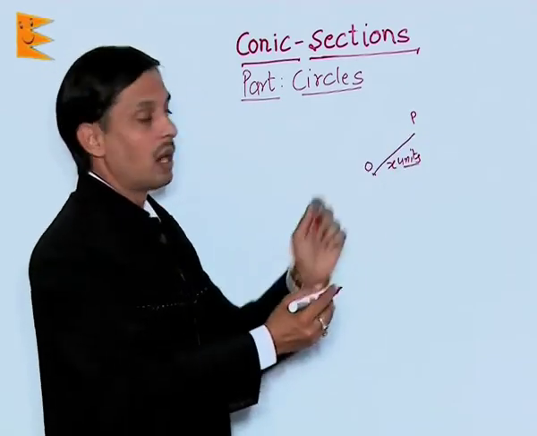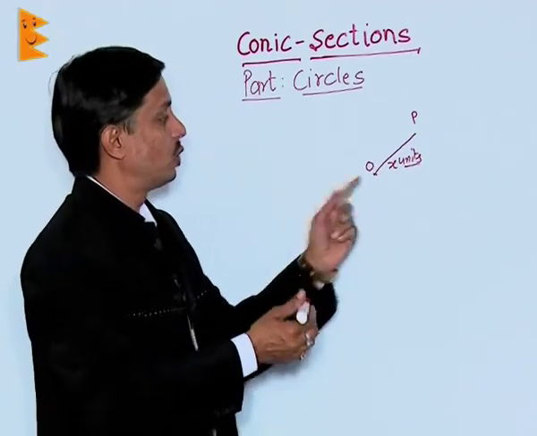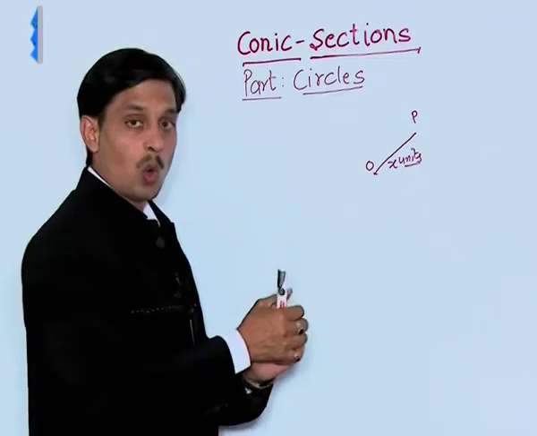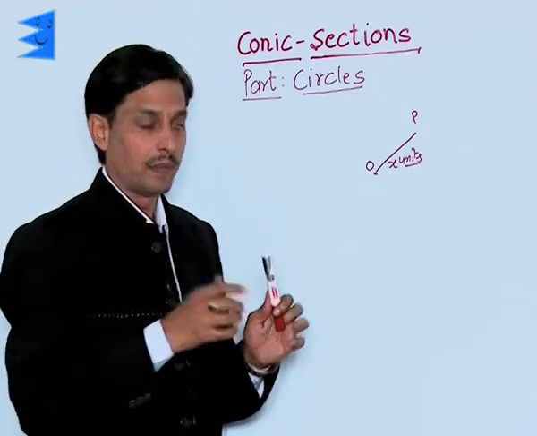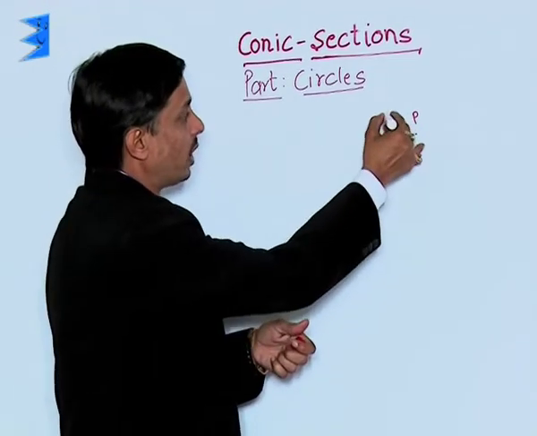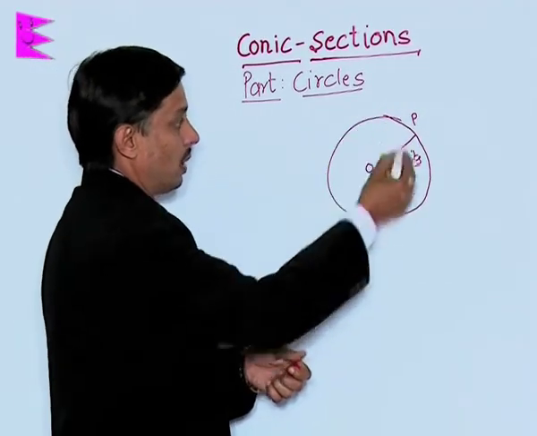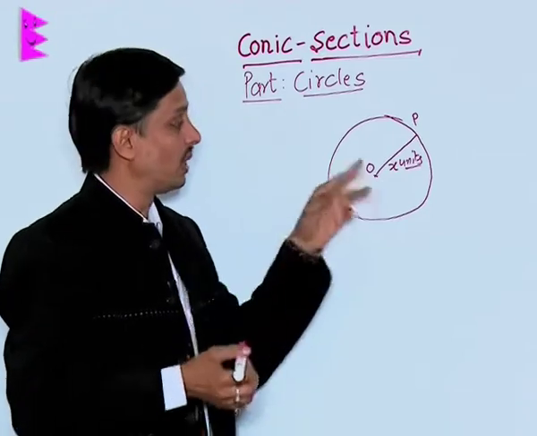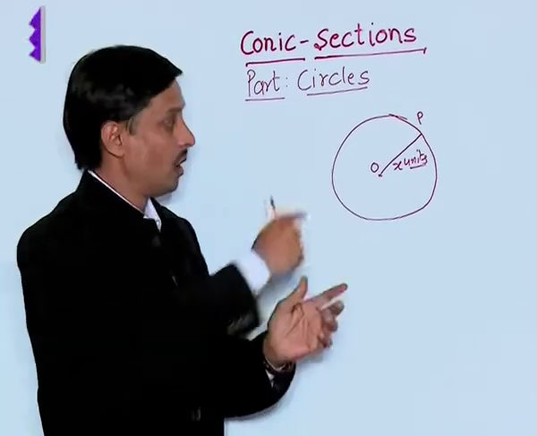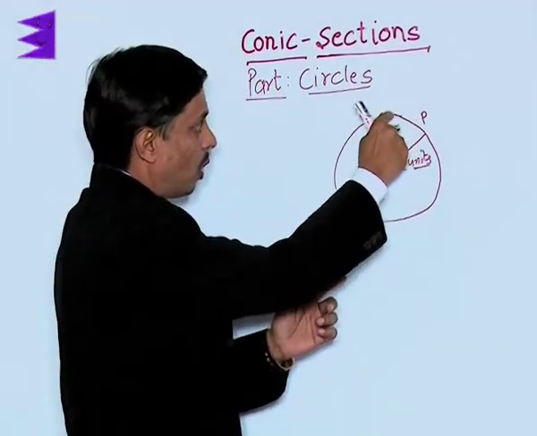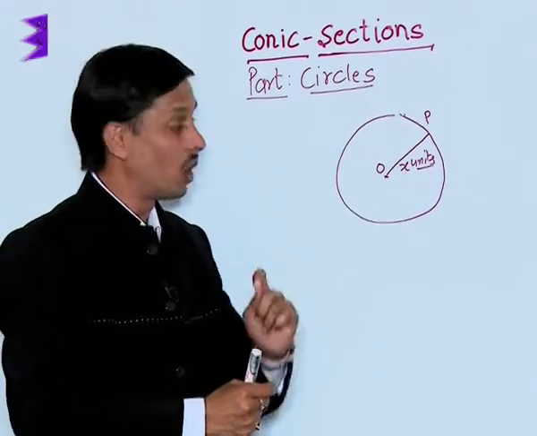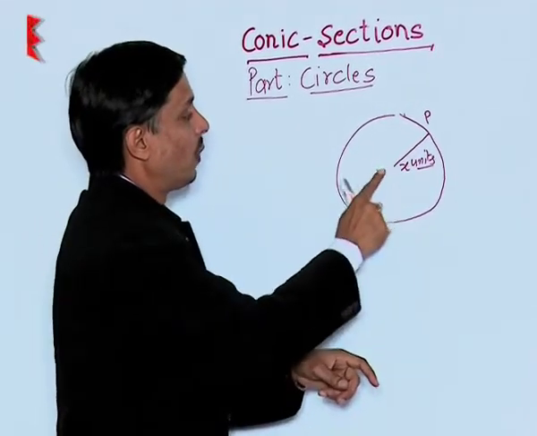If I have taken a point P at a distance of x units from this point O, then this point is free to move anywhere, and the path traced by this point is the set of all such points which are at equal distance from a given fixed point.